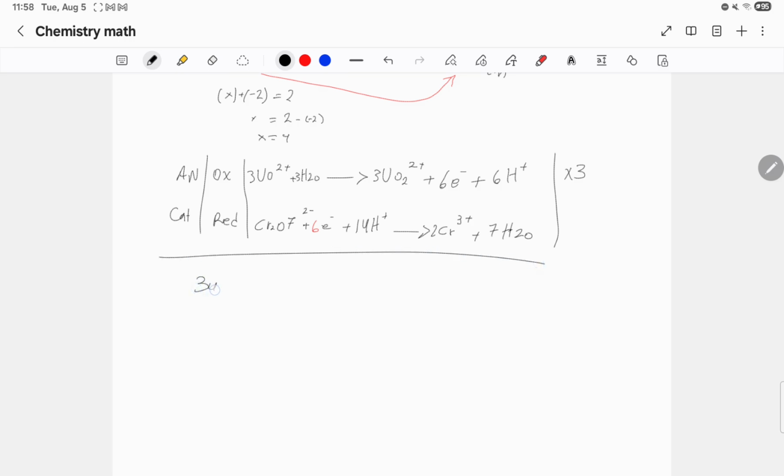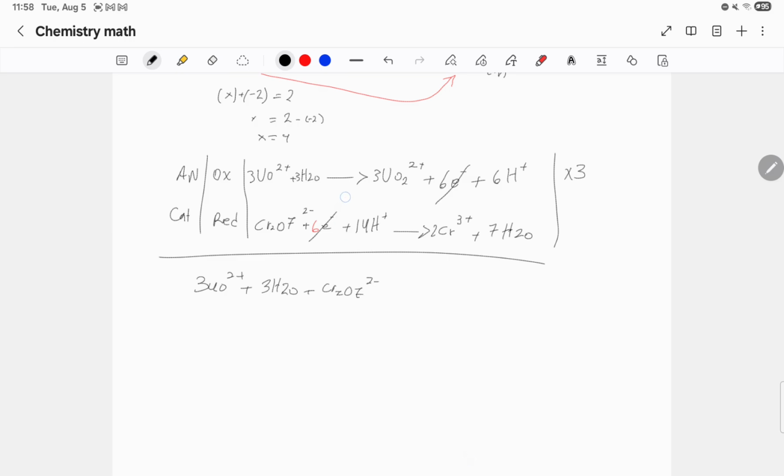And I will have 3UO2 plus Cr2O7 2 minus, plus 3 water, plus Cr2O7 2 minus.